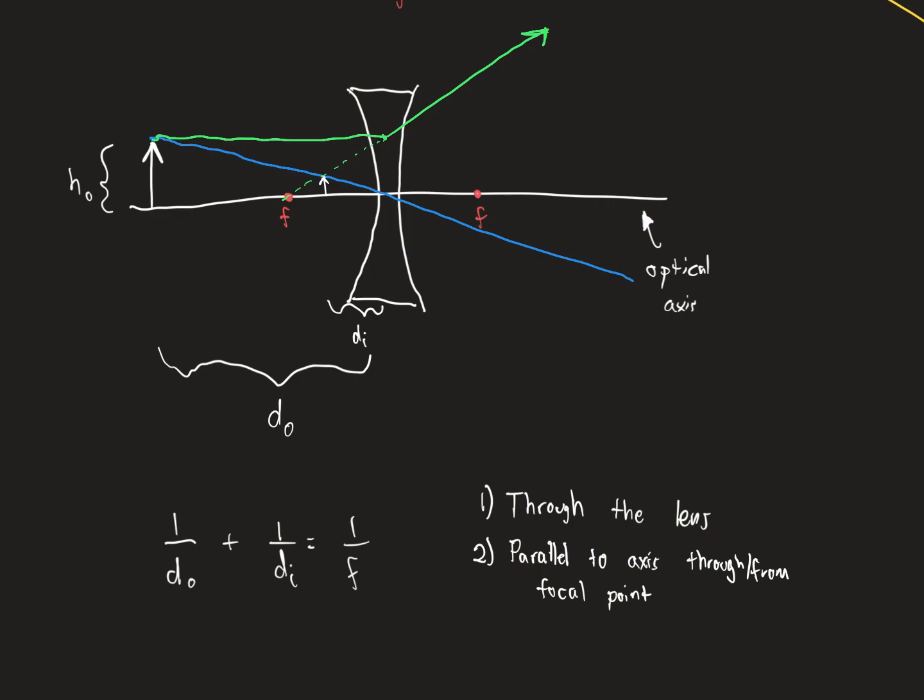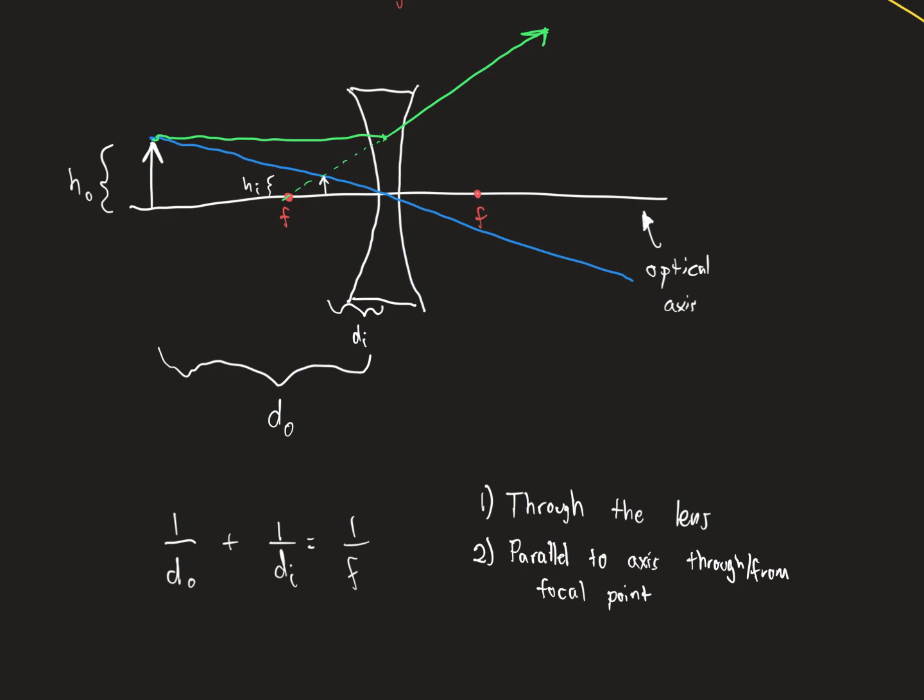And the height of that is going to be HI. And you should have been measuring all of these things and seeing all these things in the lab. If you didn't do that this week, you'll do that next week.